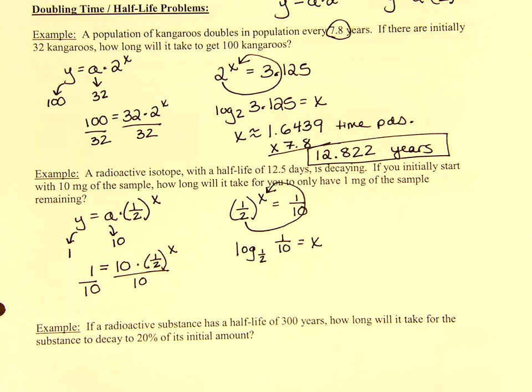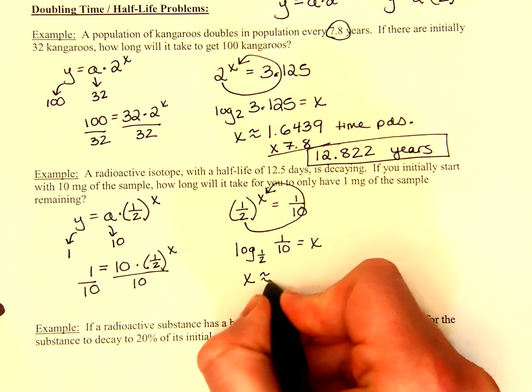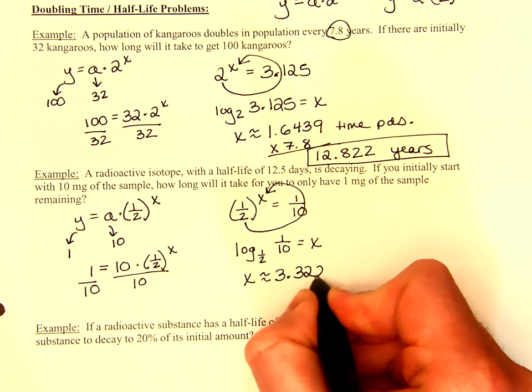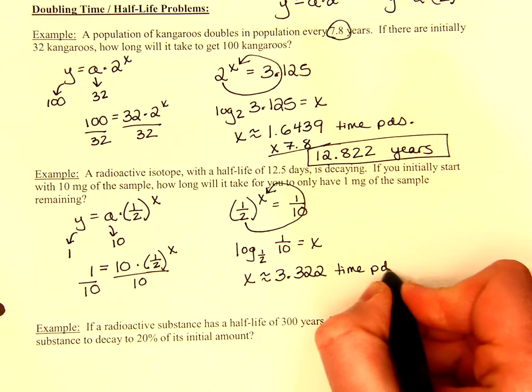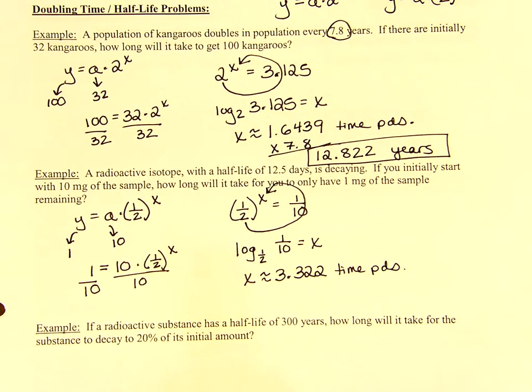Go to the calculator and use your change of base formula. Log of 1/10 divided by the log of 1/2, which should give you x is about 3.322 time periods. Remember again, x is the number of time periods.